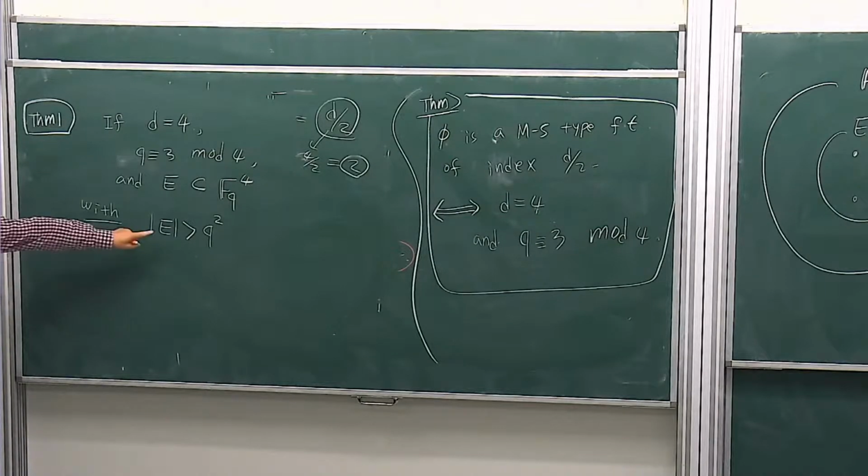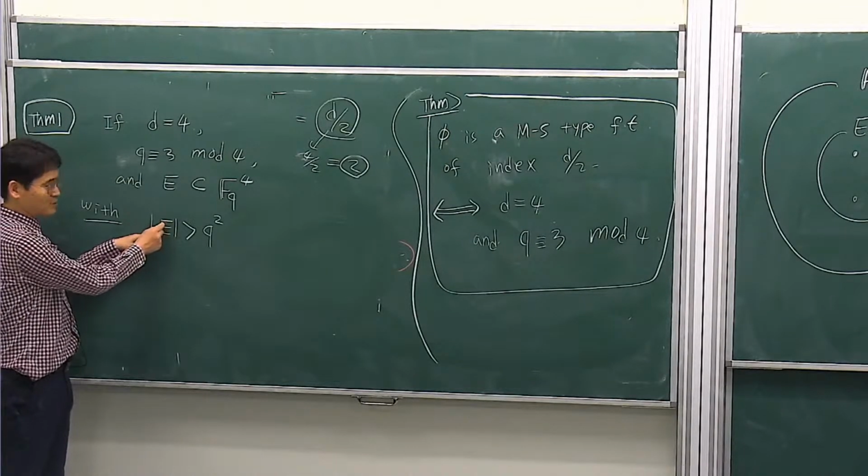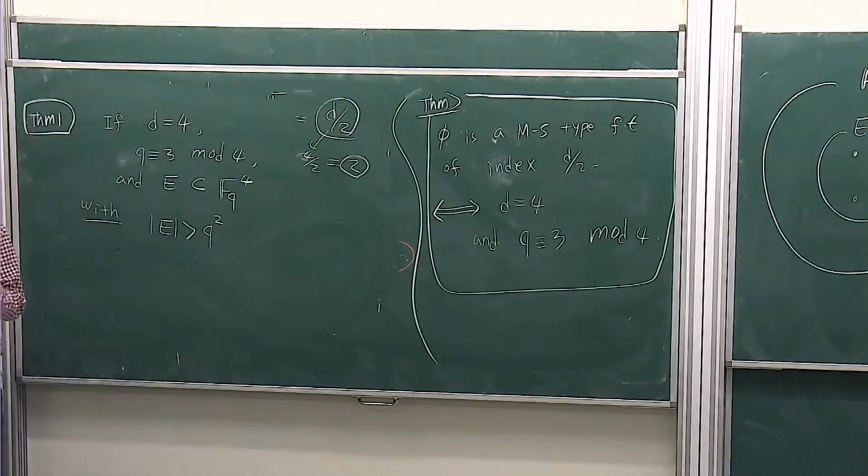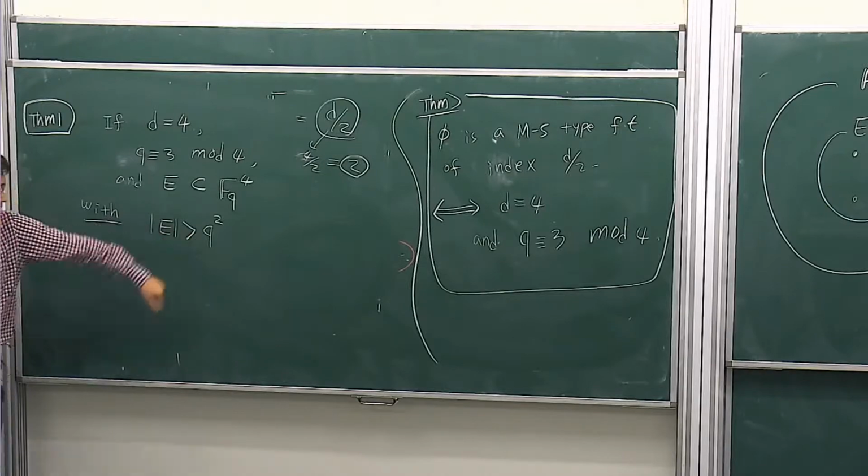We can construct an example whose size of E is exactly q squared. I was surprised by this because the computation is very explicit. I have never seen such good constants.